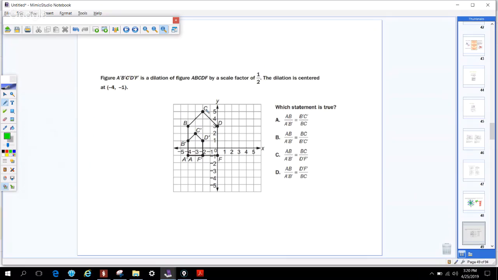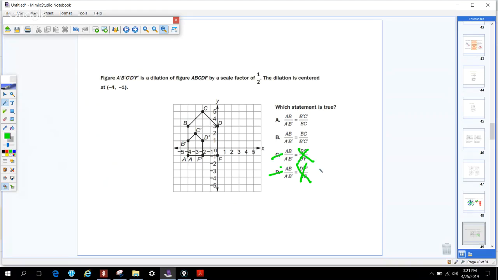Okay, so for this one, what you look at is the pre-image and the image, and is it corresponding? The way that it's corresponding is that the letters match up. So if we look here, see how this says AB, A prime, B prime? But then here it says D prime, F prime, and BC. Because these letters don't match up, it's not the right answer. Same thing here, BC, D prime, F prime, the letters don't match up.